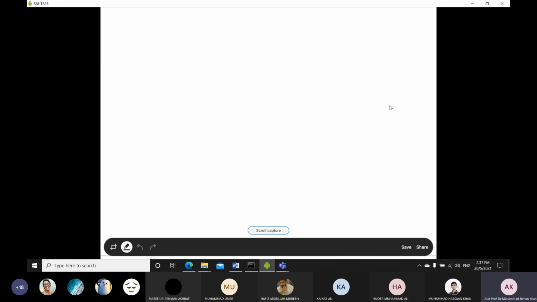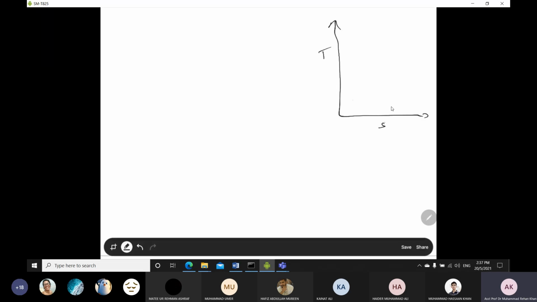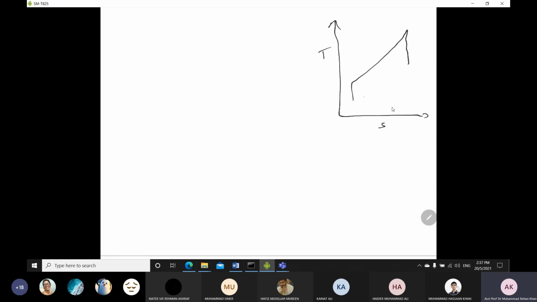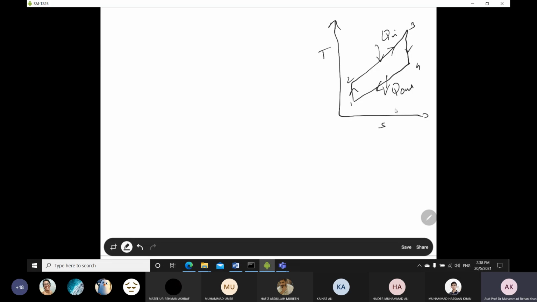Okay, starting from the development of the equation for the efficiency, I will quickly draw the TS diagram first. As you already know, whenever we develop an equation, we start with the energy balance equation.